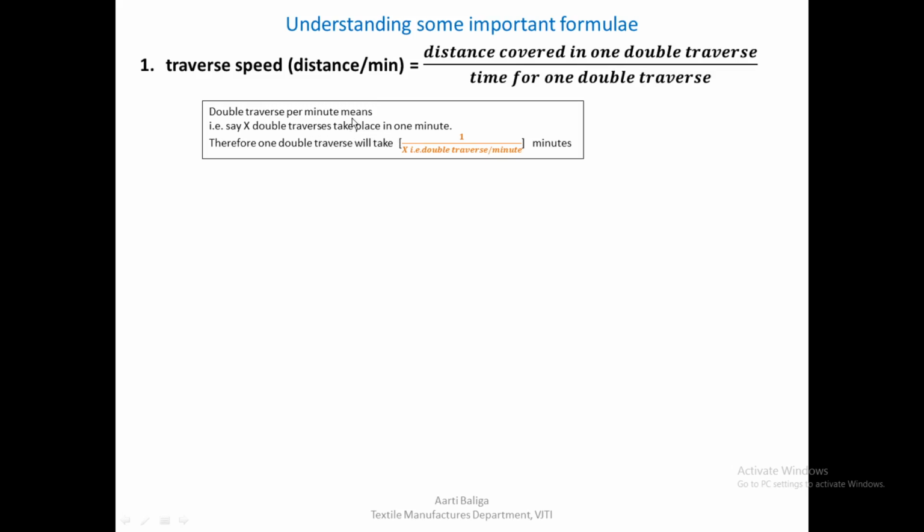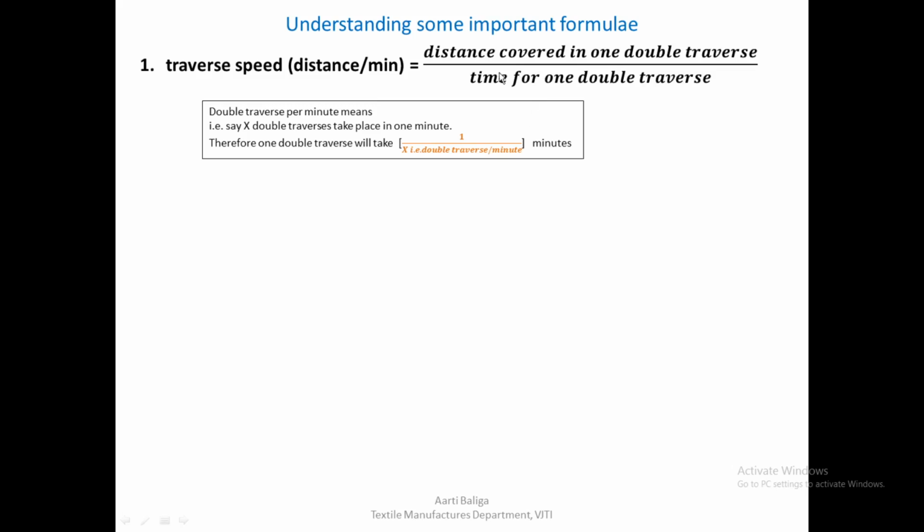This is what it means. X double traverses take place in one particular minute. So therefore, for one double traverse, how much time will it take? To find out that, we have to simply cross multiply. So one double traverse will take 1 divided by x, that is the double traverses, so I get this much time in minutes for one double traverse.